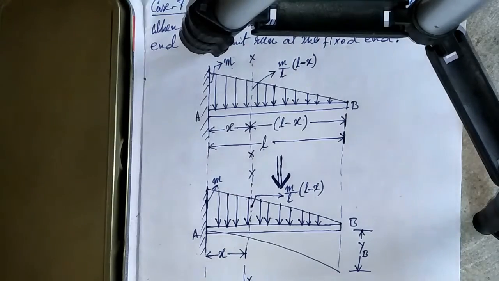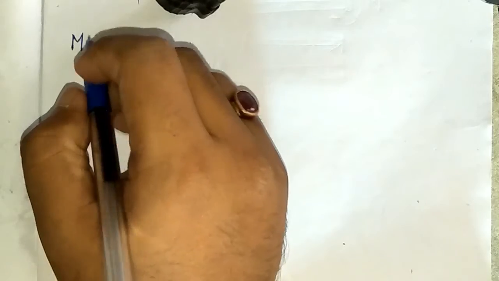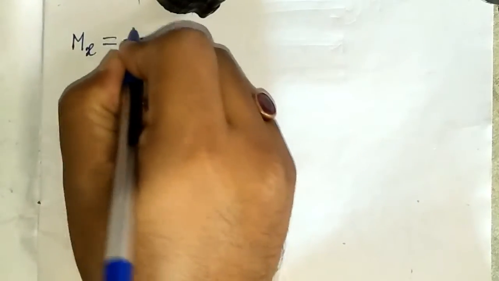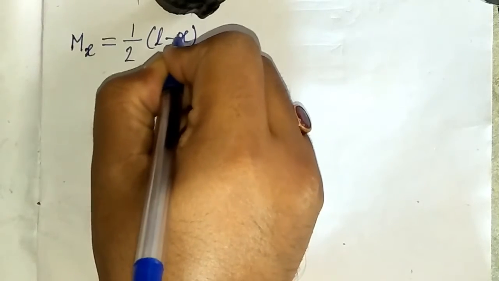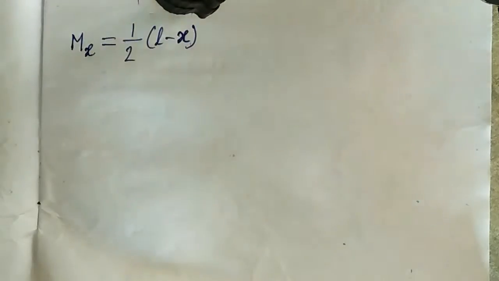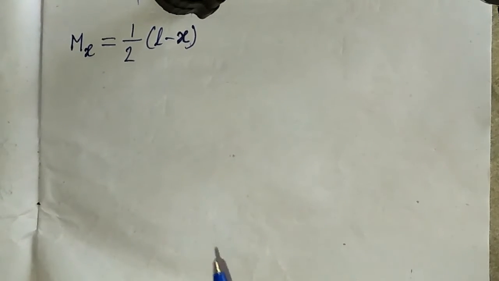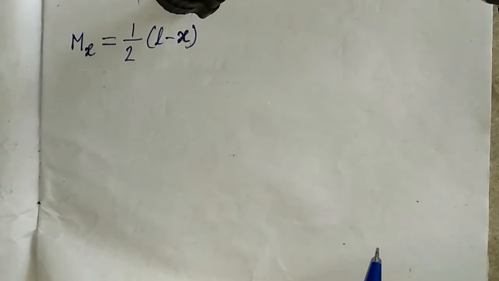So the moment at point x, M_x, is equal to minus half of (L minus x), because we have taken the distance from the free end. The section XX is at a distance of (L minus x) from the free end.